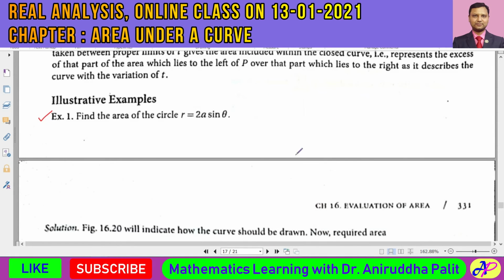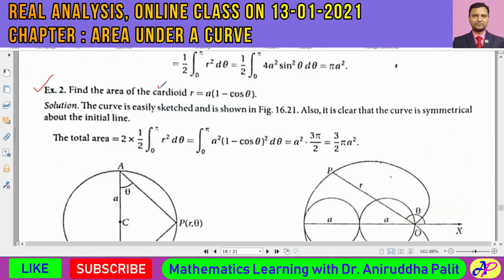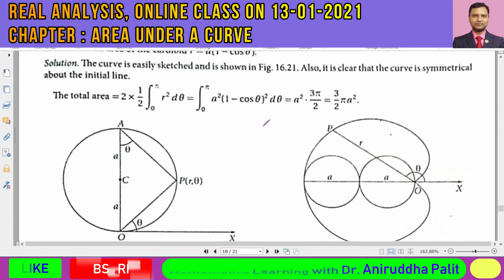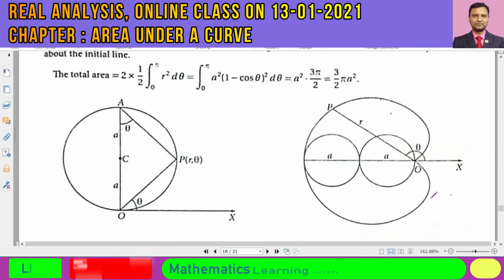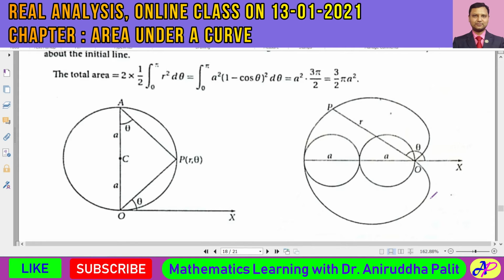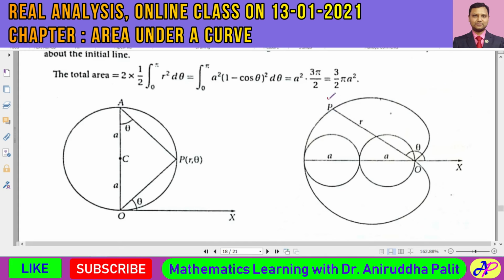And one more example is there, that is for the cardioid, a very heart-shaped curve. This is the cardioid. And in this kind of curve, over here again you see P is this kind of point. This is the radius vector r, and this angle is equal to theta.